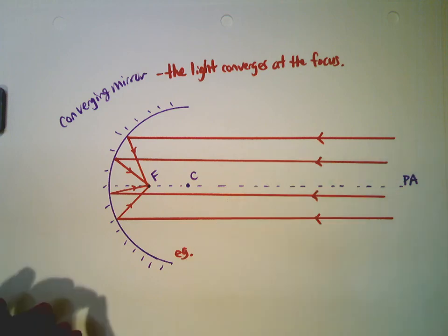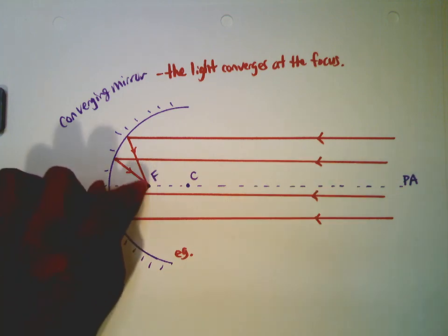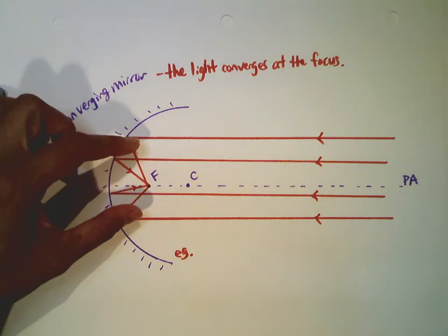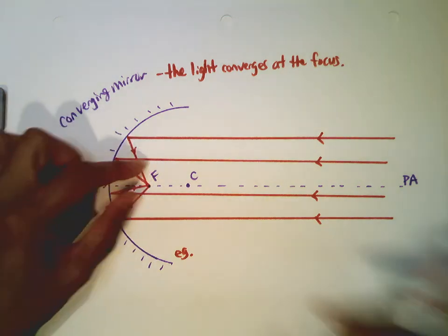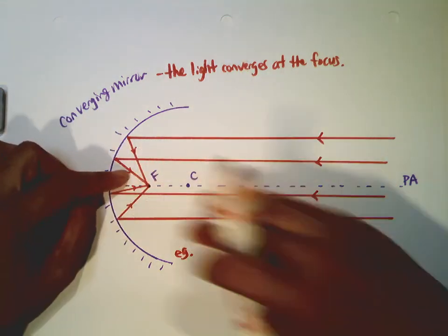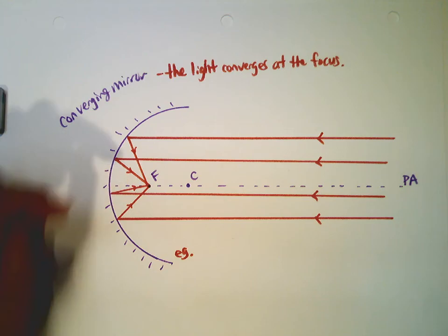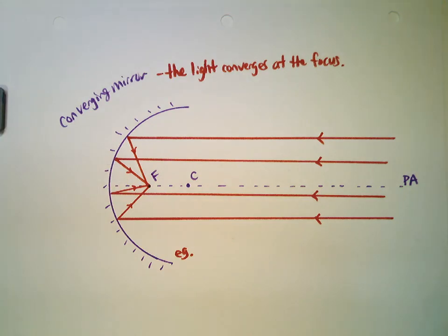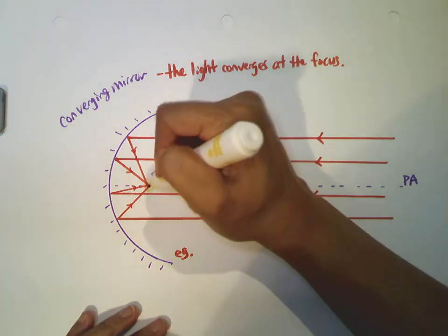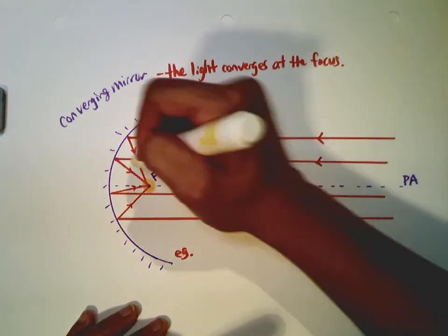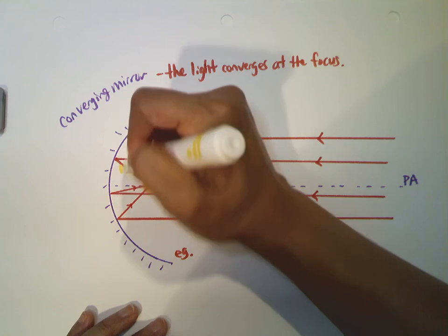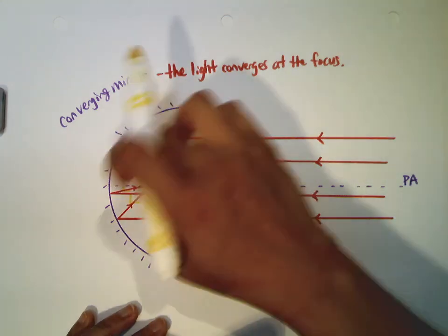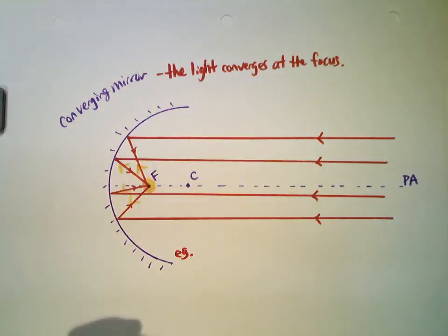If you look at a flashlight, what they did is they put a light bulb here, and then the light goes away from the focus and then into a parallel beam. So in other words, what I'm trying to say is that you can actually reverse it. You can put the source of light here, okay, and then the light travels out, reflects, and it's still equal angles.